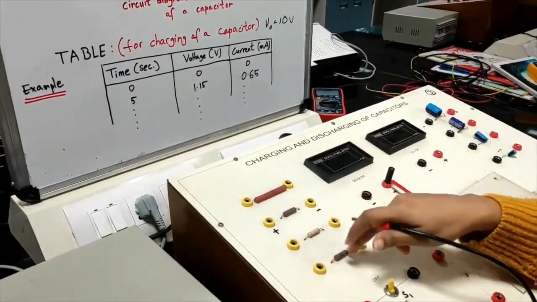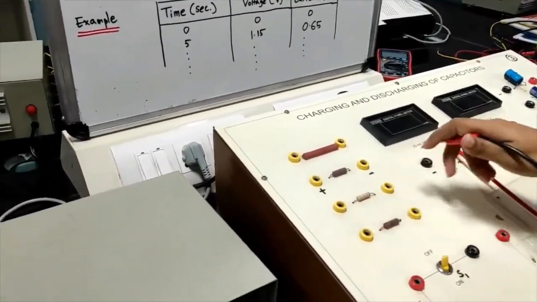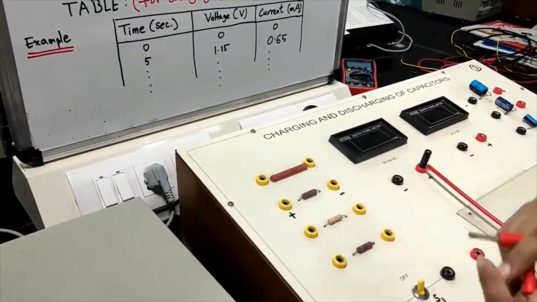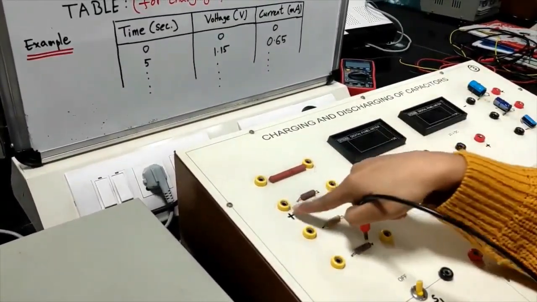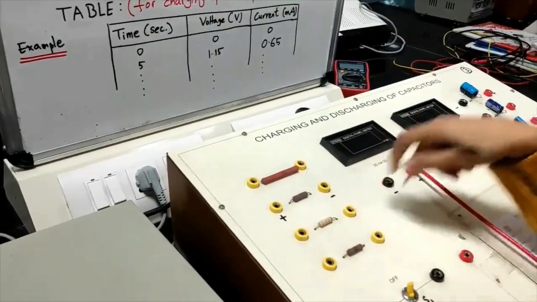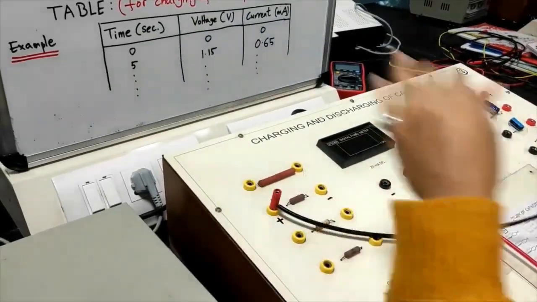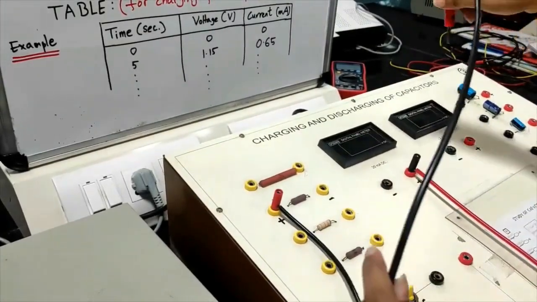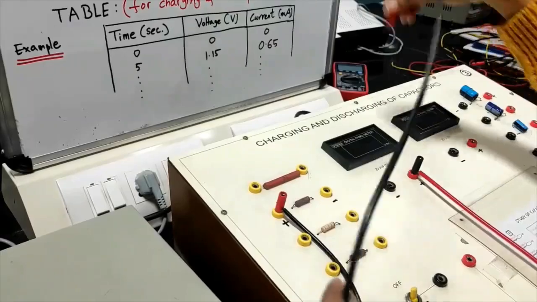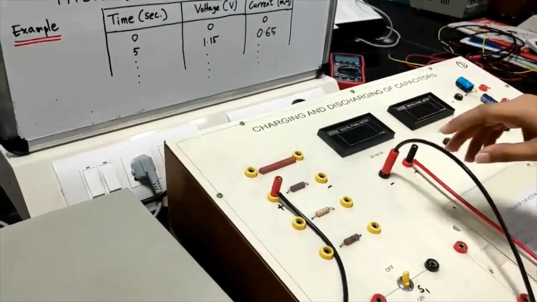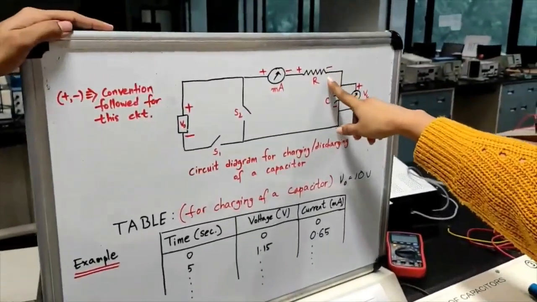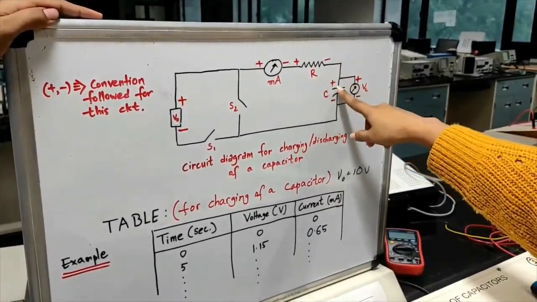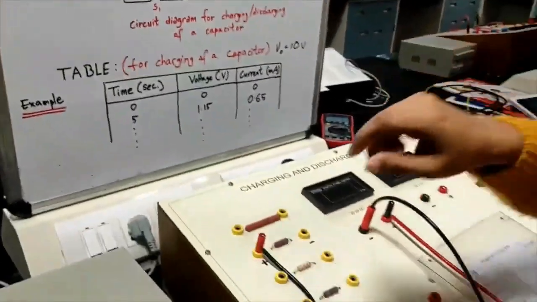Practically there are no nodes as such positive or negative on the resistance, but for our convention we have taken this terminal as positive and this terminal as negative. So this positive is connected to the negative of the ammeter, and now the negative terminal of the resistance is connected to the positive terminal of the capacitor.